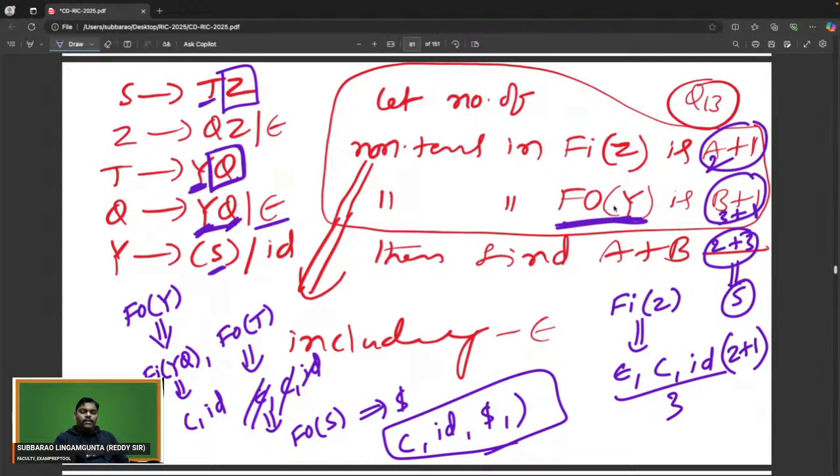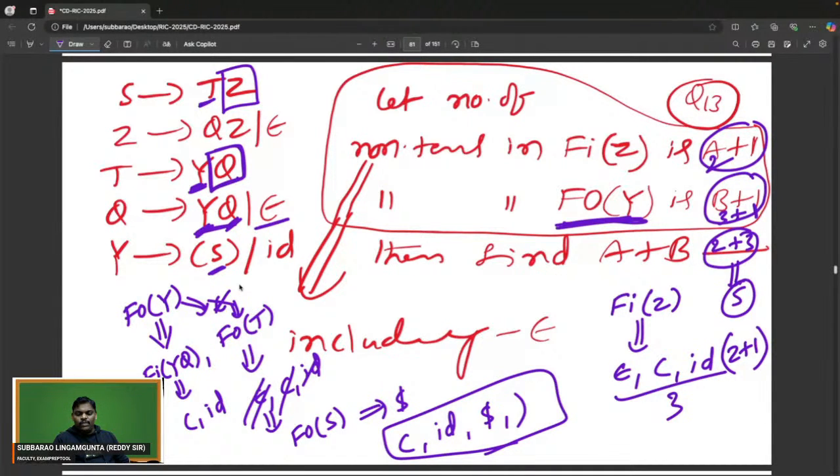Follow of Y. First of Q is epsilon. First of Q contains epsilon. Because of epsilon, the consideration is follow of T. Sorry, I'm repeating once again.